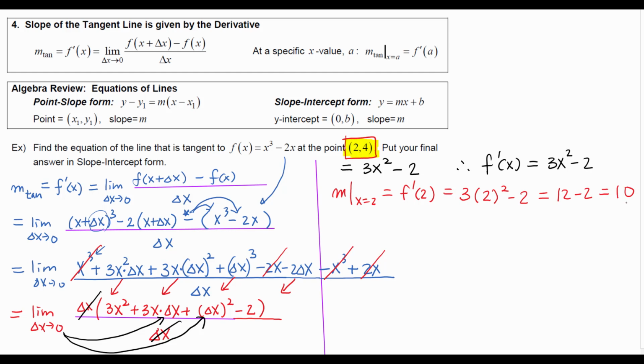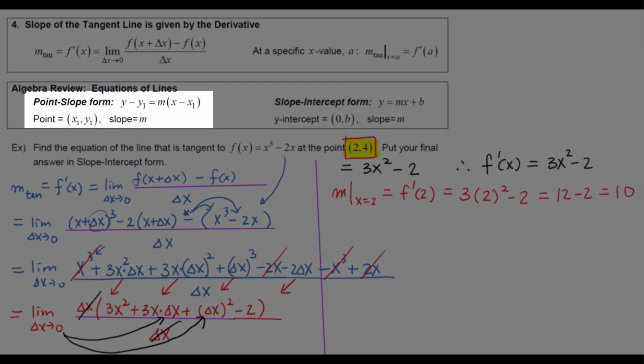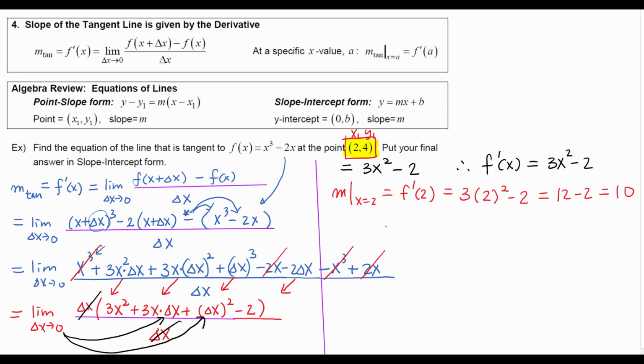Using slope 10 and the point 2, 4 to find the equation of a tangent line, first we will use the point slope form of a line. This point is your x1, y1. My point slope form of a line is y minus y1, which is 4, equals m, which I just found is 10, times parenthesis x minus x1, my x1 is 2.